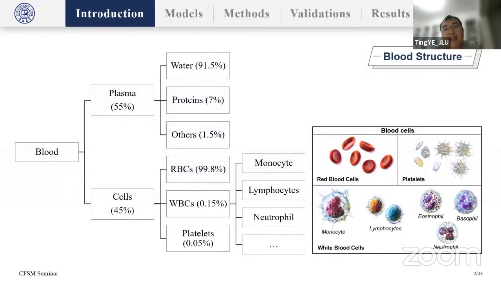We know the blood is important but complex. It is composed of 55% plasma and 45% cells. The plasma mainly consists of water at 91.5% and a small bit of proteins and ions. The cells mainly include red blood cells, taking up 99.8% in volume, and contain few white blood cells and platelets.